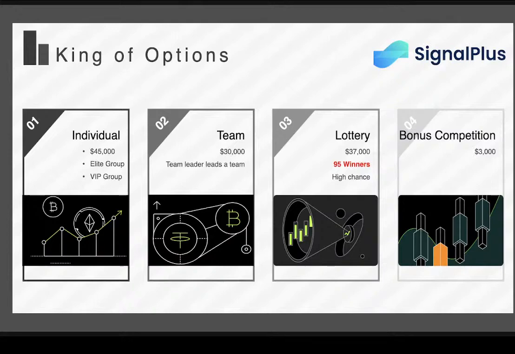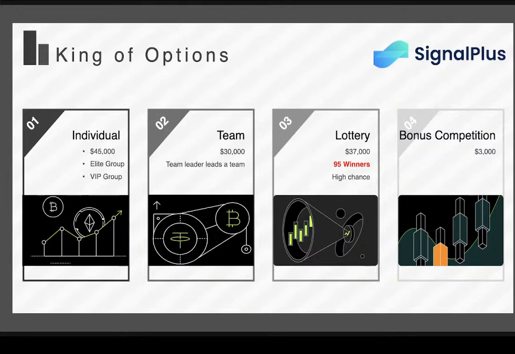And secondly, for team competition, leaders can invite their friends or their fans, or even join some teams from KOLs, to form a team to compete together. The rule here is quite different from the individual competition.